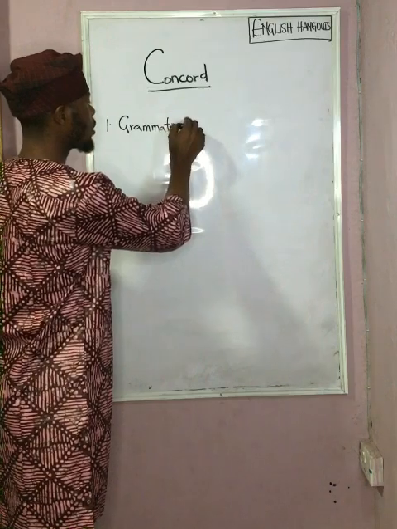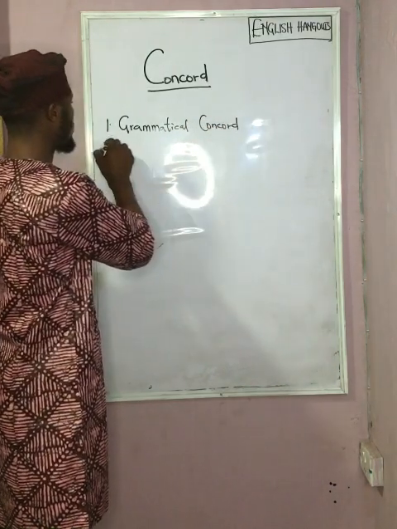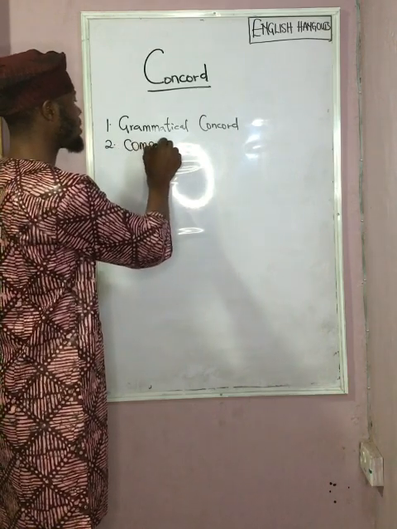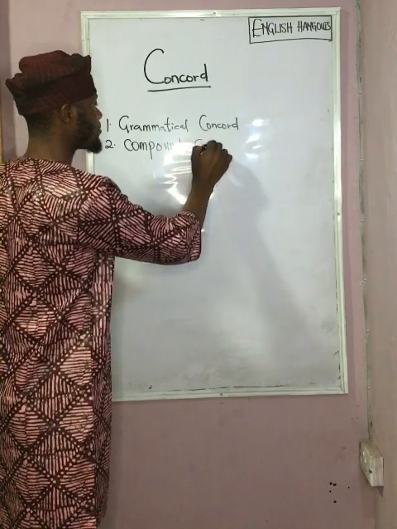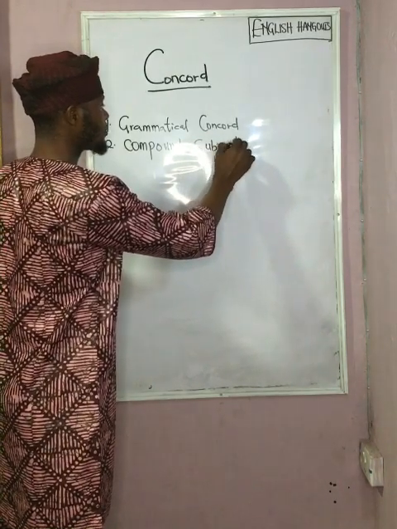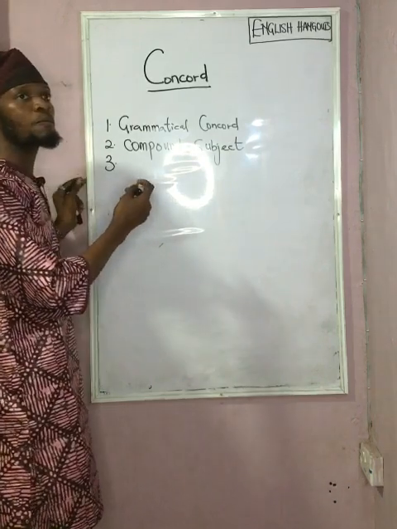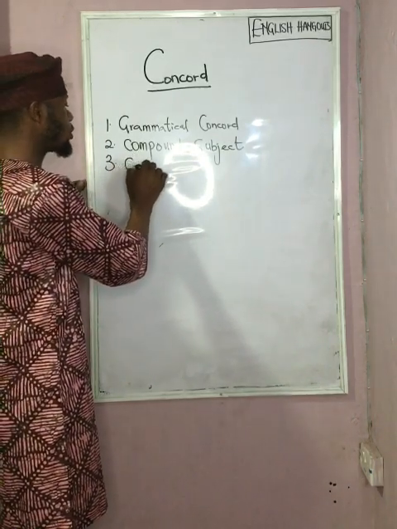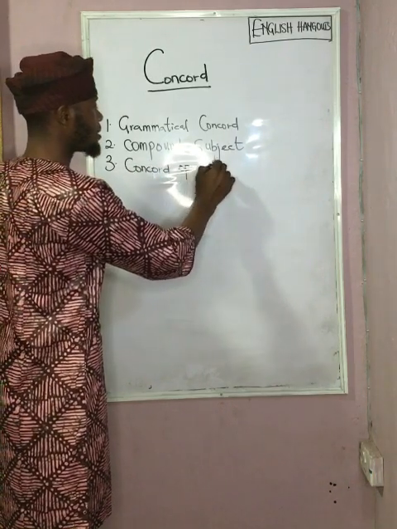Number two has to do with compound subjects. And finally, I want us to explore the concord of proximity.